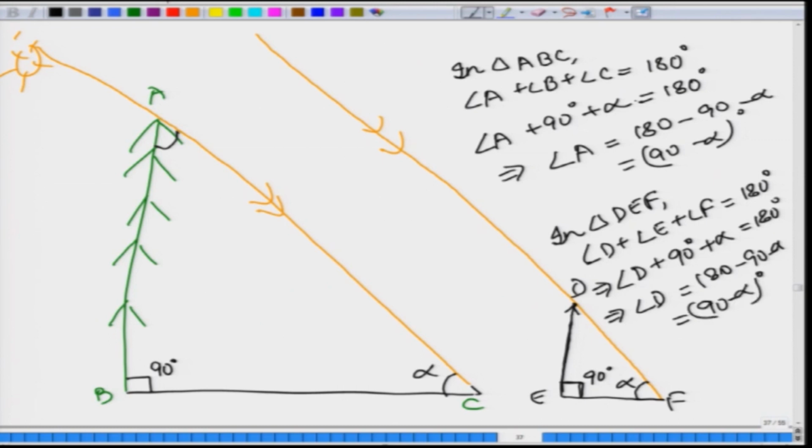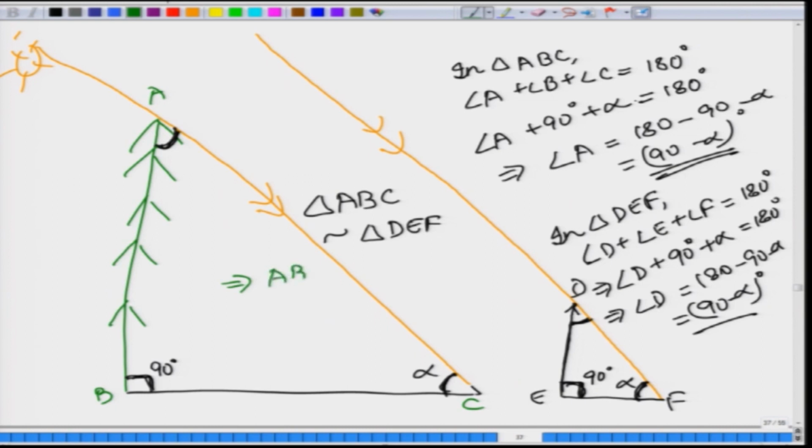So, in both these triangles, angle A is equal to angle D, angle C is equal to angle F, and angle B is equal to angle E. So, we can say that triangle ABC is similar to triangle DEF. Now, if we have two triangles that are similar, it means that AB by DE is equal to BC by EF is equal to AC by DF.